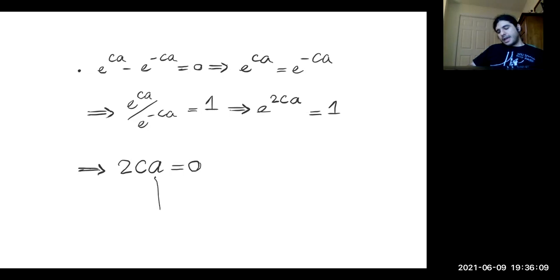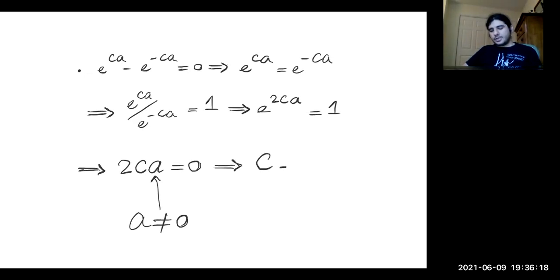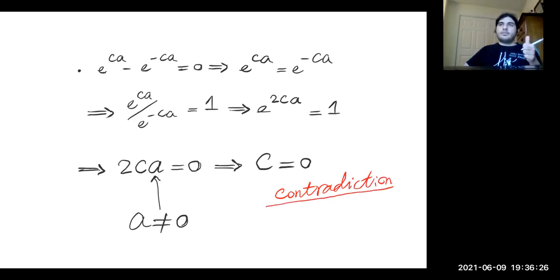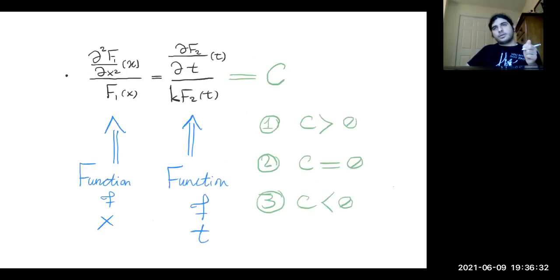But first of all, a is non-zero. a was the length of the bar we had. So I can divide everything by 2a. It implies c should be 0. And that is a contradiction. Why is that? Well, remember, we are in case number 1. We had 3 cases, case number 1, 2, 3.